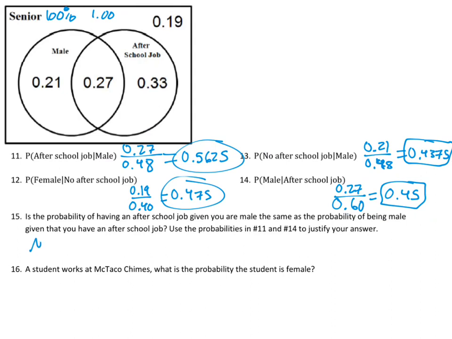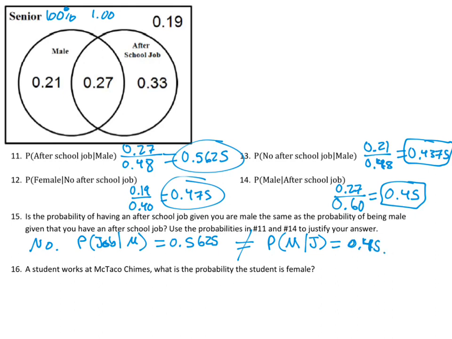So, no. And we'll just write it out, right? Probability of, let's call it job given male is 0.5625. And that is not equal to the probability of male given job, which is 0.45. So there's our little justification.